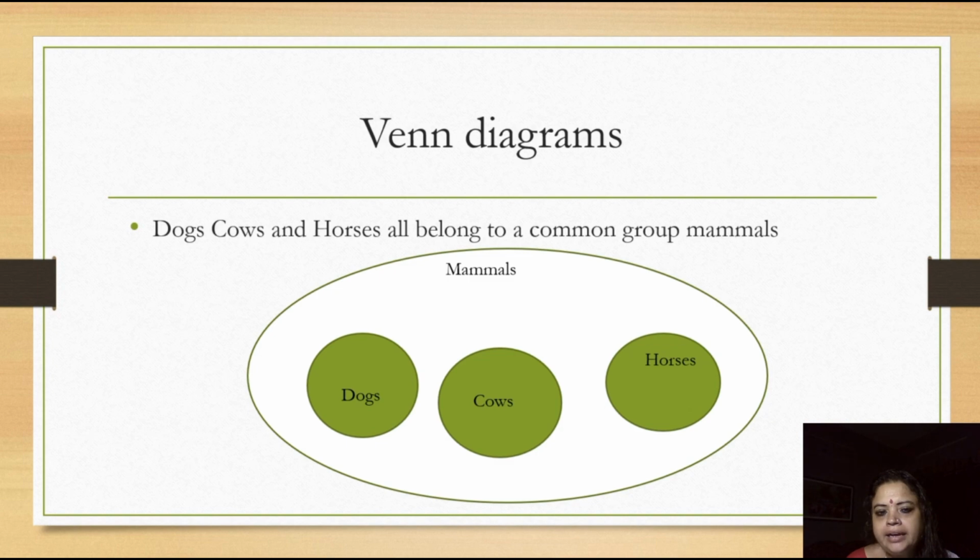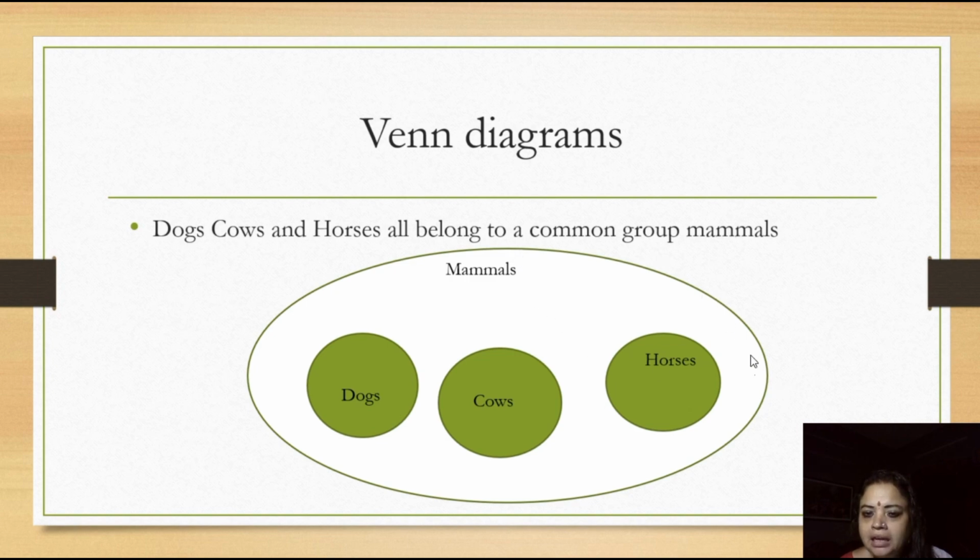In fact, we need not always use circles. We can in fact use rectangles, or maybe squares are also used. Then if we have another group called mammals, you can put dogs, cows and horses in the group of mammals because they all belong to the group of mammals.